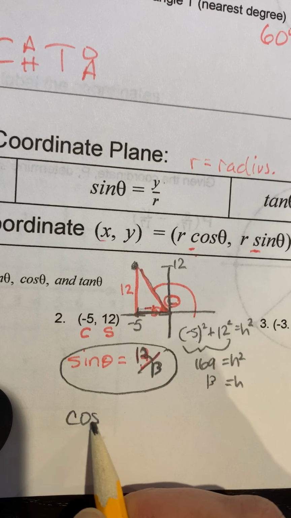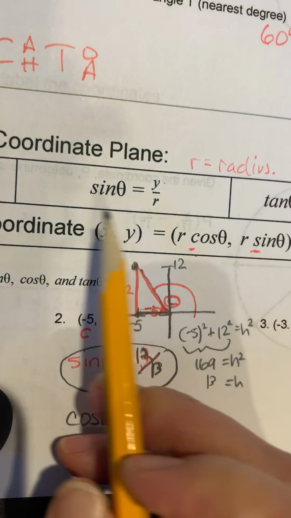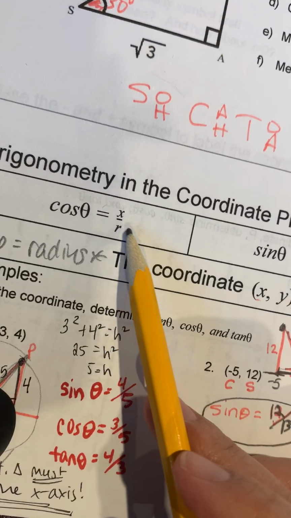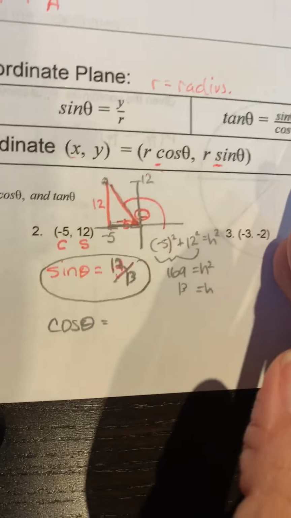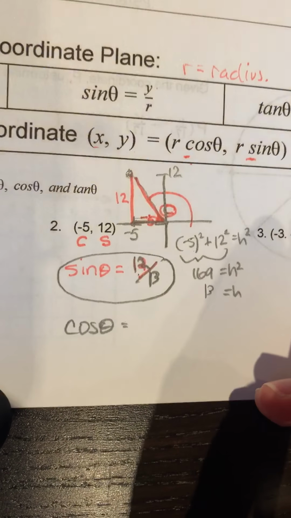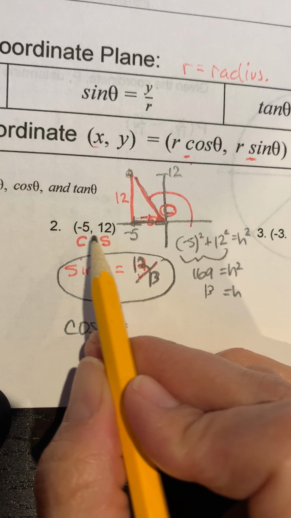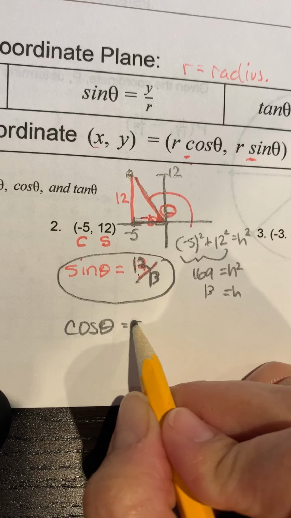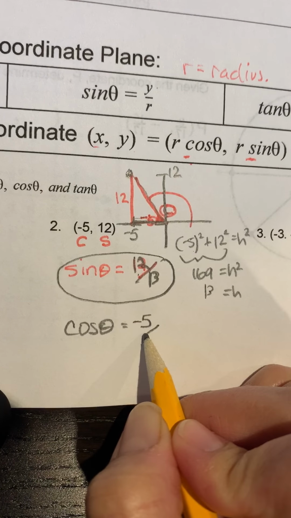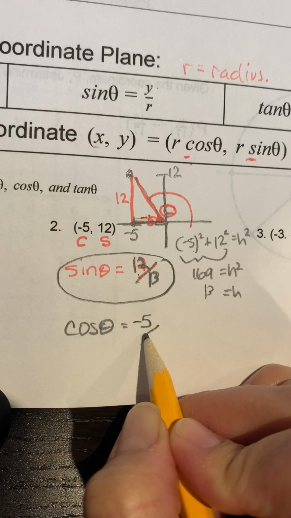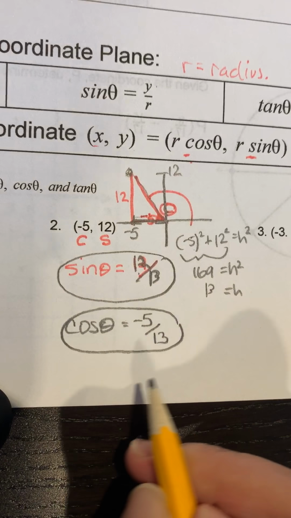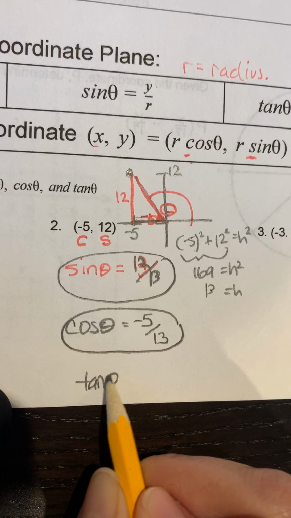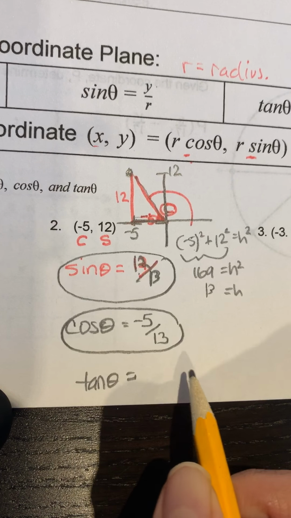Cosine theta. Now remember, cosine theta is the x coordinate over the radius. So it is the x coordinate, which is -5, over the radius. And the radius is 13. And tan of theta, that's always a little tricky.